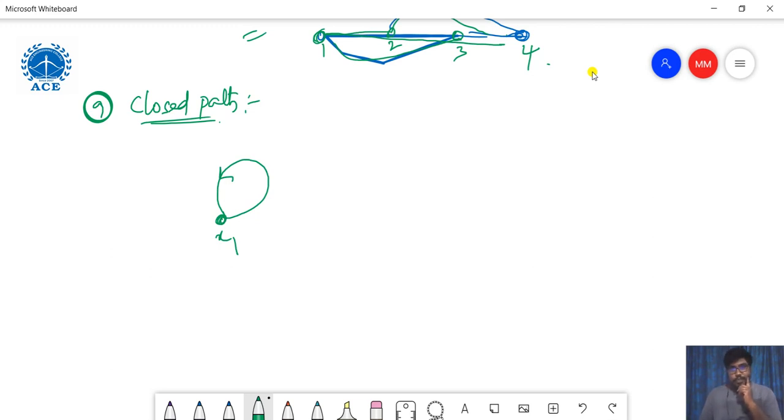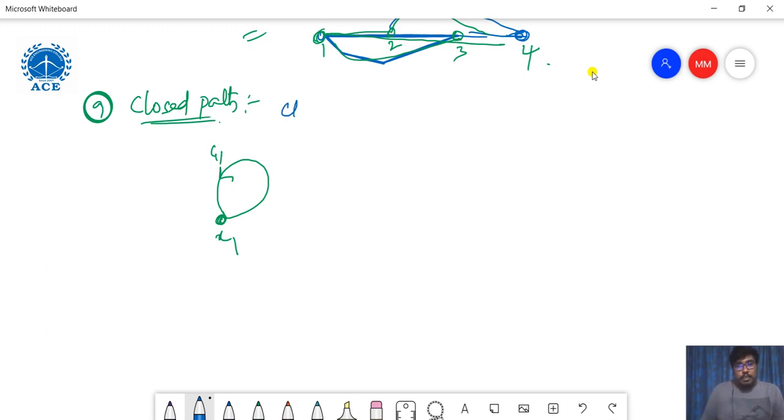Okay, so this is gain, for example, say G1, right? So this type of path we can call closed path. Okay, it is also called loop, right? It's like a loop. Starts at the same node and terminating at the same node, right? So what is the definition here?